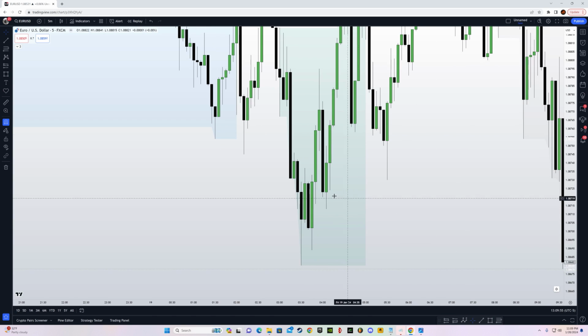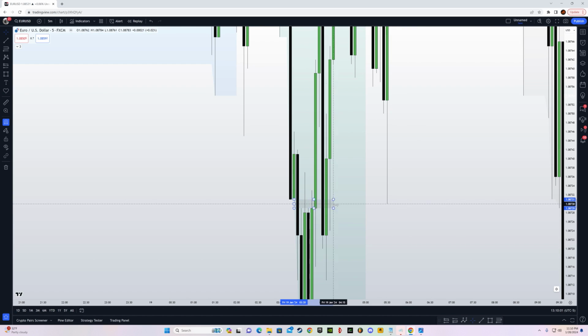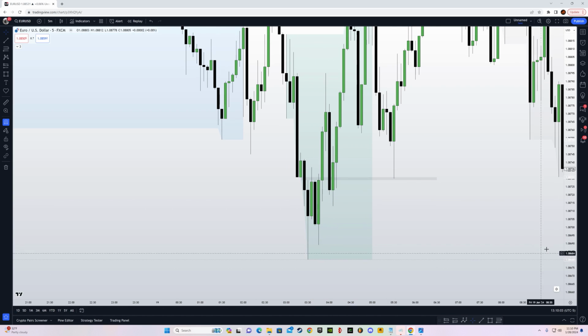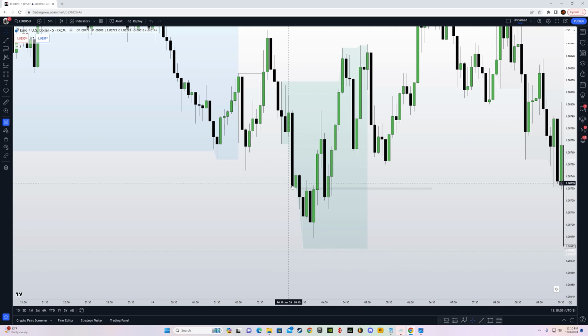And you can clearly see that over here, we have this tiny little fair value gap just around here. If I drag this along like that, you can clearly see that the price violated that fair value gap, the bearish fair value gap. And once the body closed above it, this fair value gap becomes inverse fair value gap.